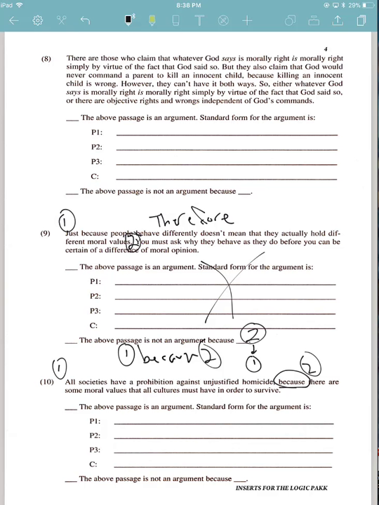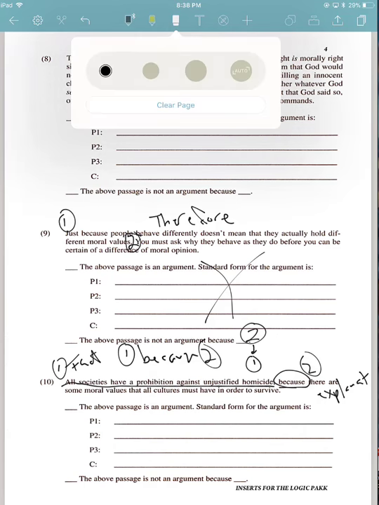But notice what this is doing here. This is just saying all societies have a prohibition against unjustified homicide. Well, in some ways, that's just a fact. And remember with explanations, all we're doing here is not actually arguing, we're just explaining.